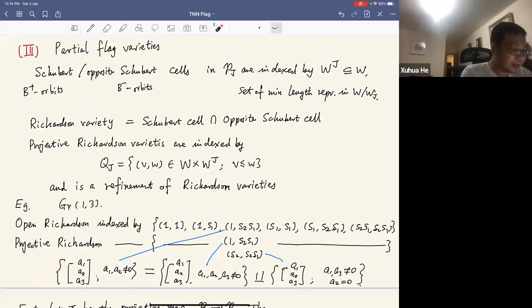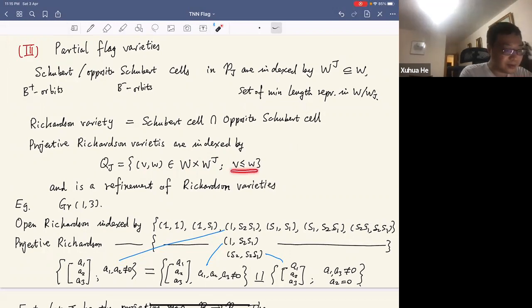Here the index set consists of pairs v and w, where w lies in W upper J. But for v, we do not assume that v lies in W upper J. We only assume that v is an element in the Weyl group.